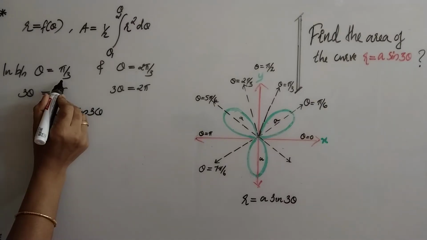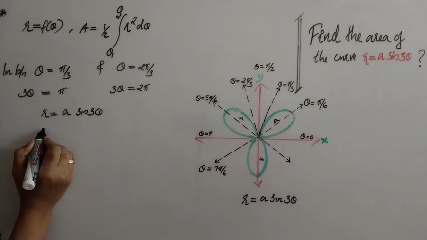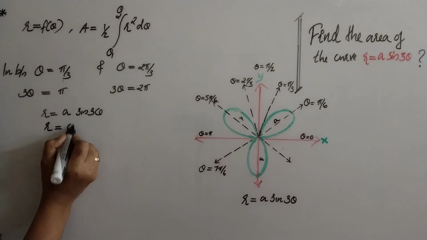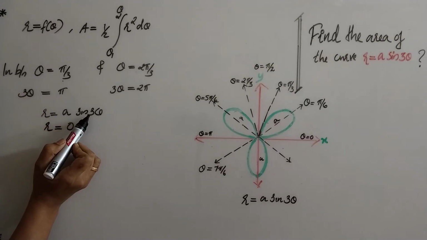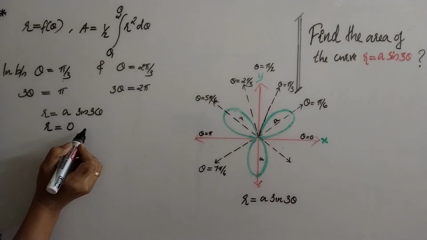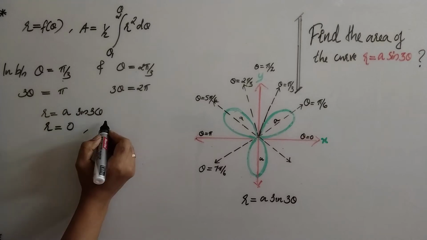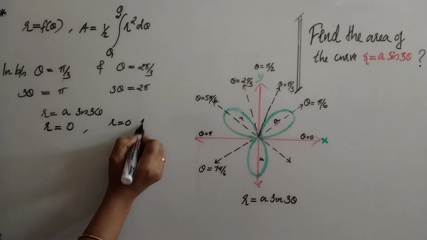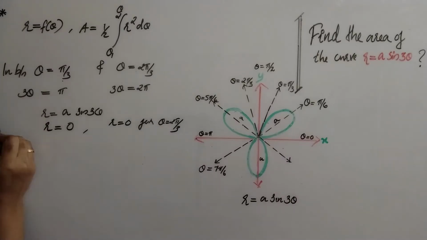When theta is equal to pi by 3, value of r is what? r is 0. When theta is equal to pi by 3, here sin 3 pi by 3, that is sin pi, r is 0, and theta is equal to 2 pi by 3, then also r is 0.